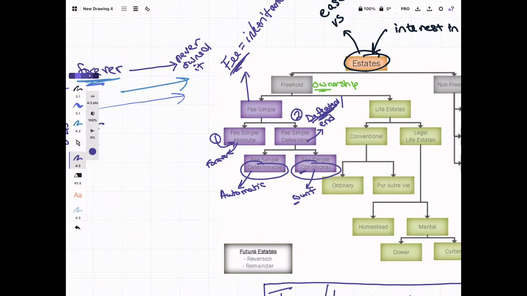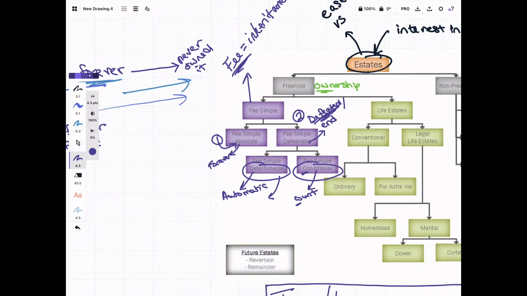You could have a test that asks you a little bit more detailed, but I don't want to go into too much detail. That should pretty much get that for you. It's about length of time. Determinable is also about duration.